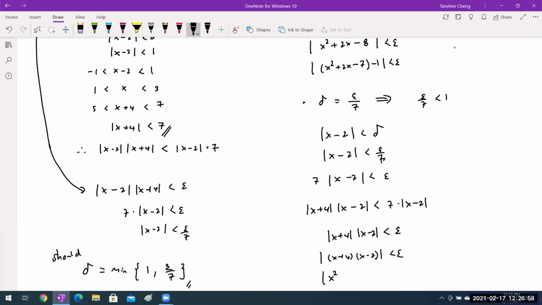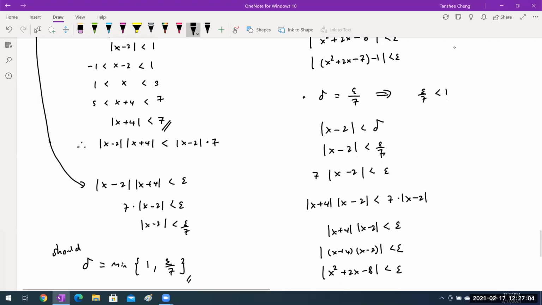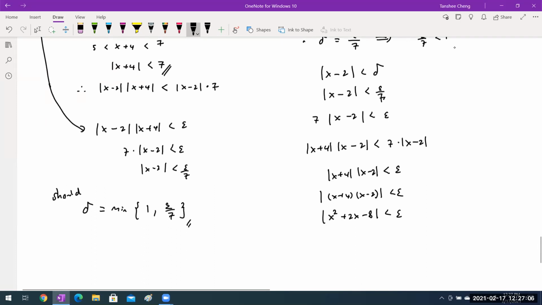Therefore, this gives us x squared plus 2x minus 8, and then we rewrite it into the function minus the limit format and conclude our proof. Now I can say that finally the limit as x approaches 2 of x squared plus 2x minus 7 is equal to 1.